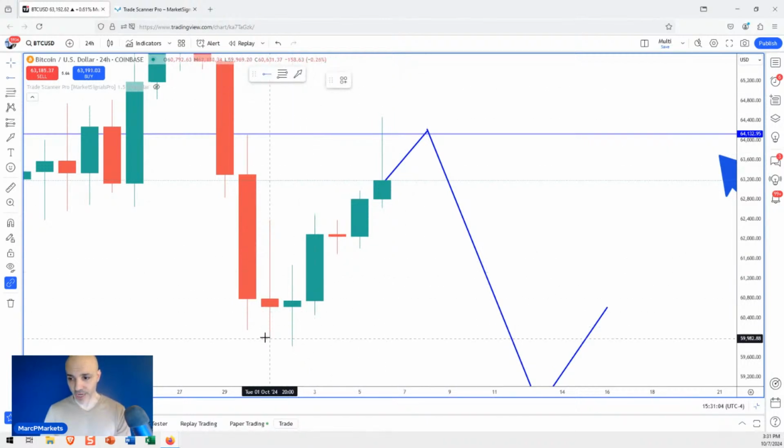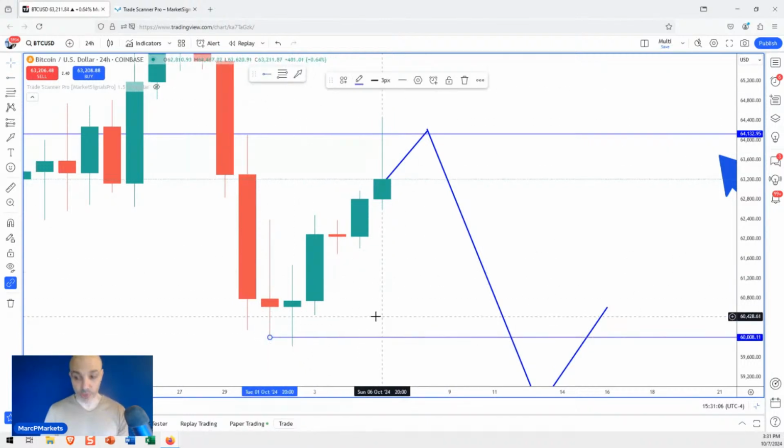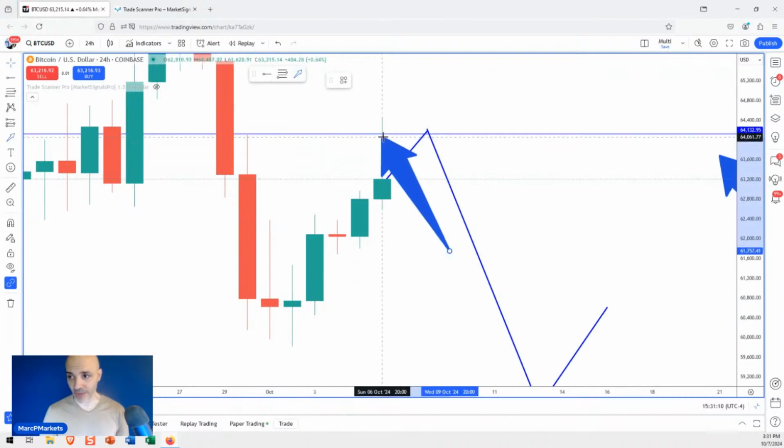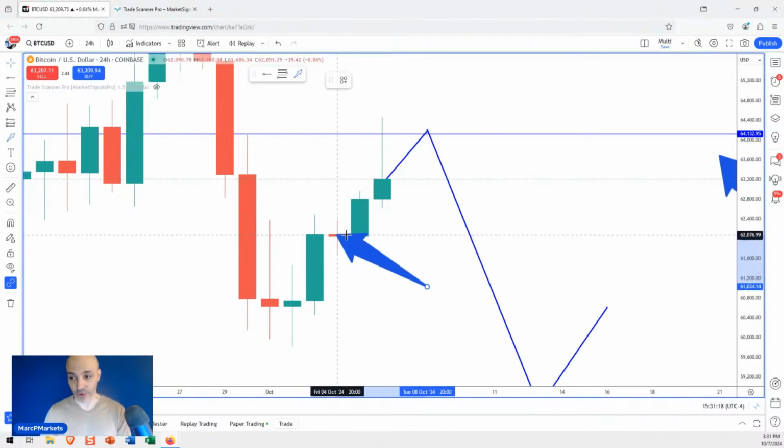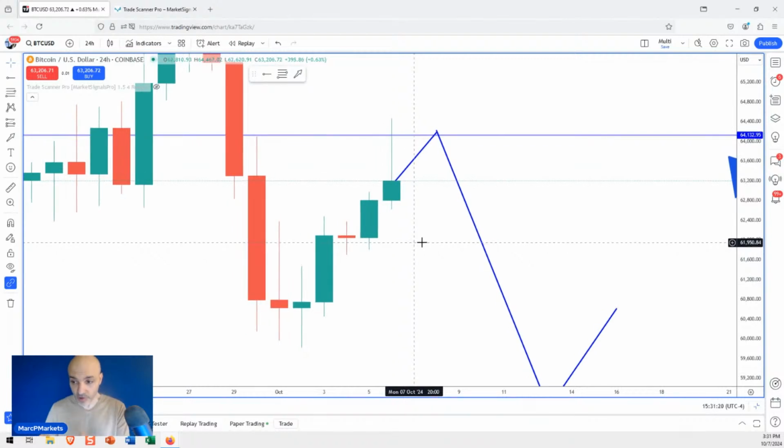Your risk is going to be defined by this low over here, which is kind of wide, and your profit objective is going to be defined by this resistance up here. It may break through, but you're taking a greater risk. These are not ideal spots for swing trades, but it's good information for day trades or intraday trend trades, if you want to call it that.